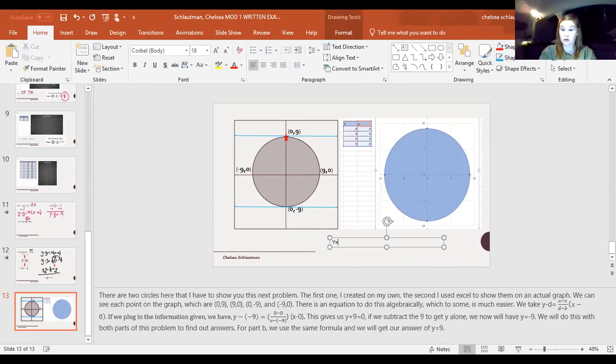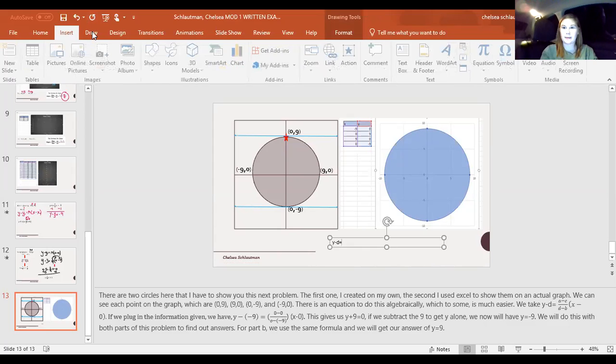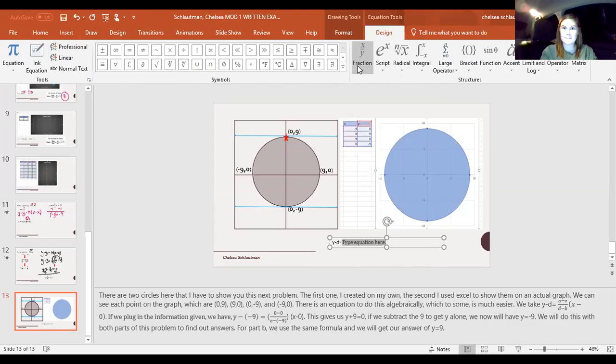So we'll have y minus d equals a minus c over d minus b. And then to the right of that, we have x minus 0. Okay, so now that we can all see that here, this is the formula that we're going to use to find the information we need.